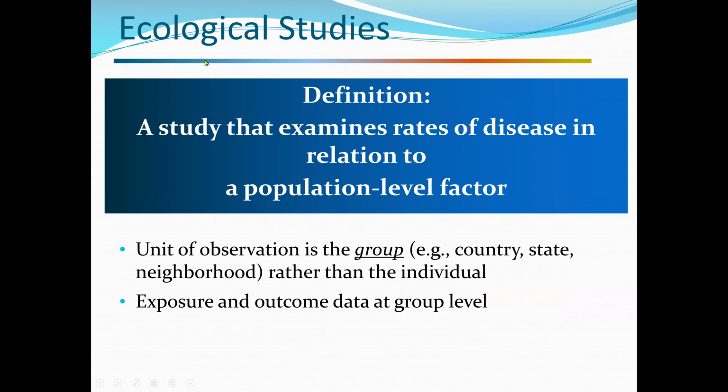Next we go to ecological studies. An ecological study examines the rate of disease in relation to a population-level factor. The difference between ecological studies and case series is that with ecological studies, the unit of observation is a group. It can be one community, for example a whole country, state, or neighborhood.